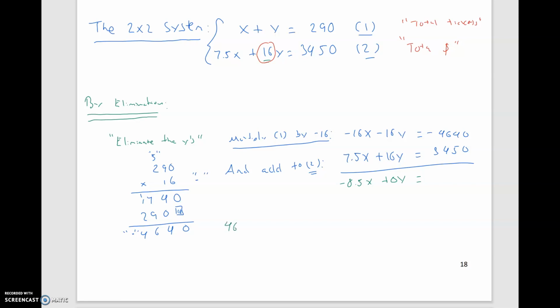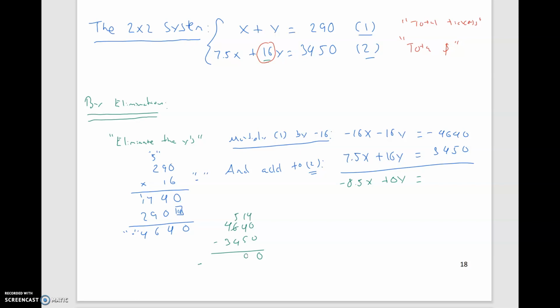So 4640 minus 3450. Your main answer is going to be negative. I'm just adjusting it so that it's easier. And this is a 4. So 4 minus 0 is equal to 0. Then we need to borrow. So this is not going to be a 5. That's a 14.